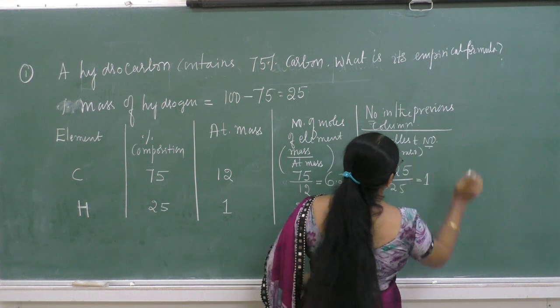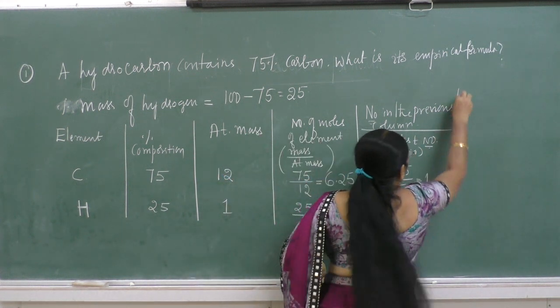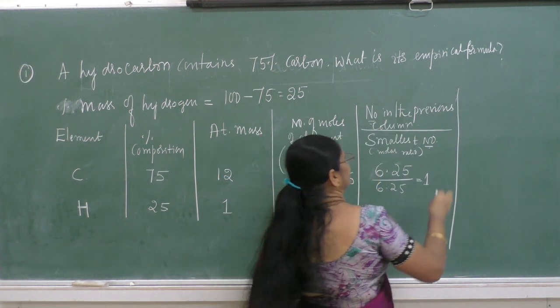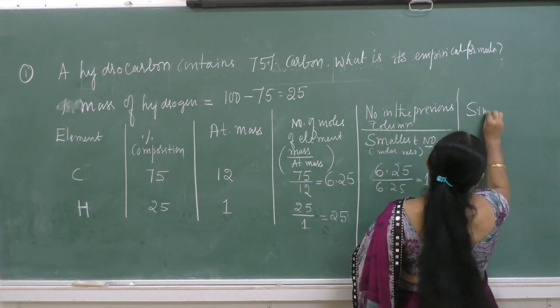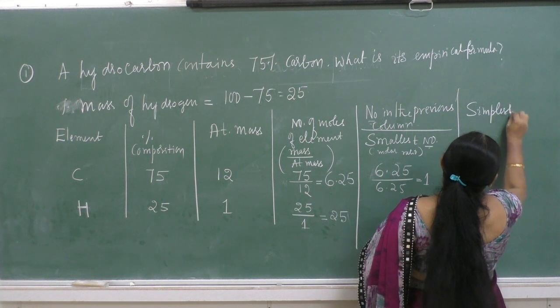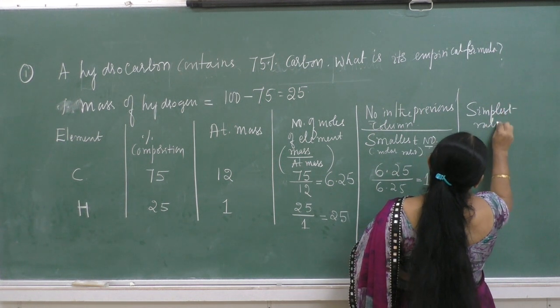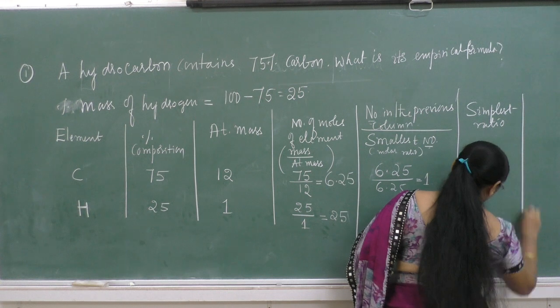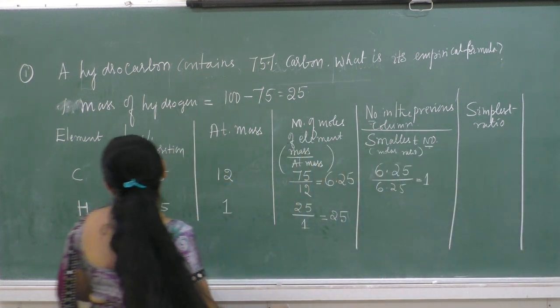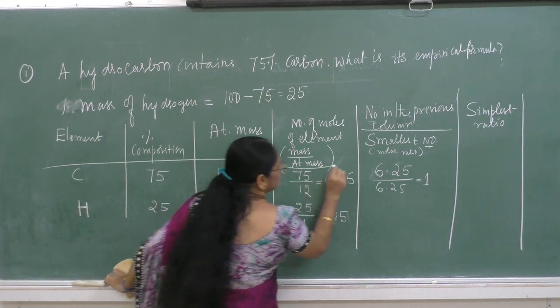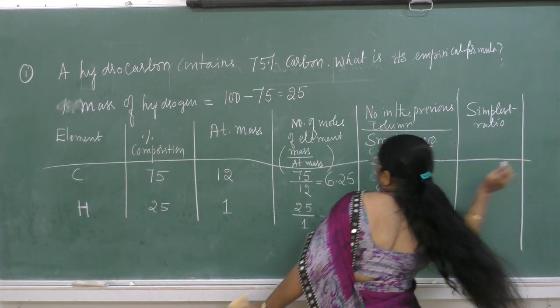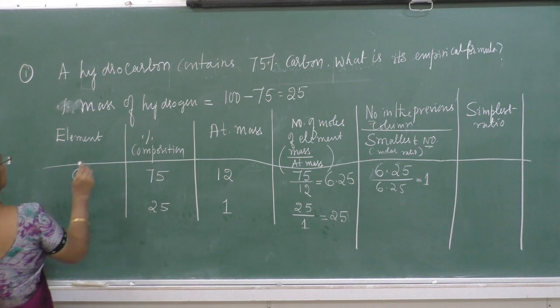So in the last column, write the simplest ratio. These are the important columns used while solving this problem.